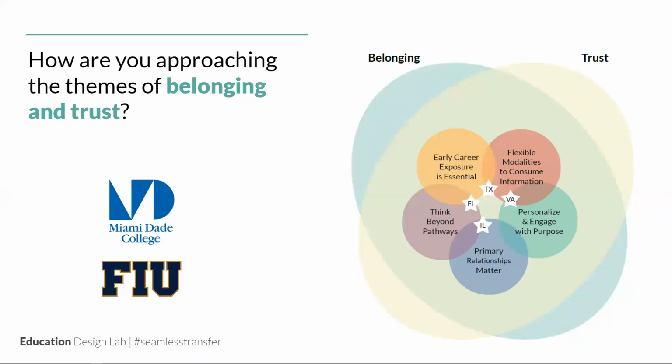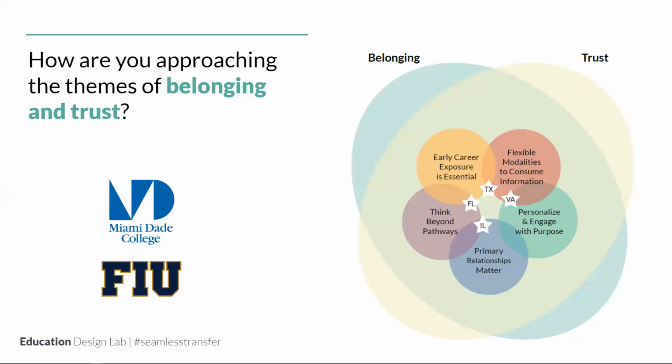And Janie, in our introduction, talked about Connect for Success. Connect for Success is really the next level of transfer infrastructure beyond what we've been doing in Florida. We have a very strong statewide 2+2 infrastructure, but this is the next level.